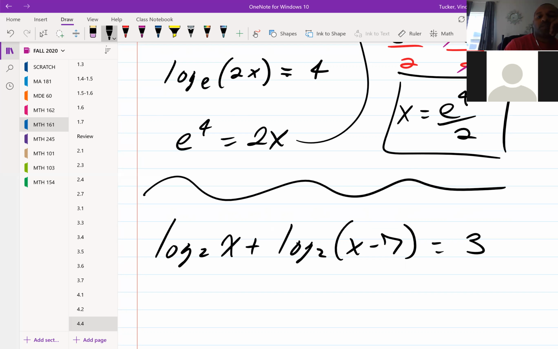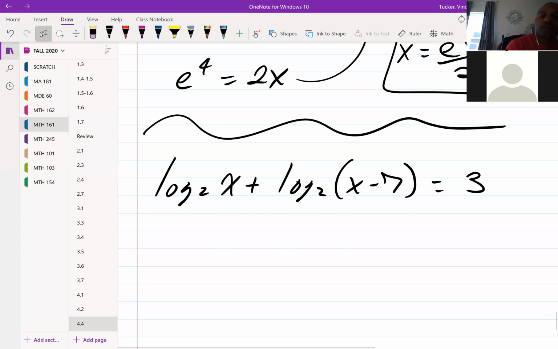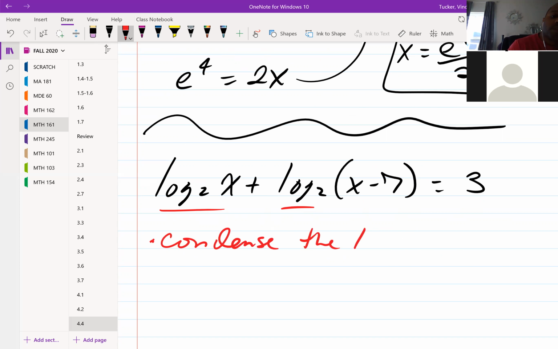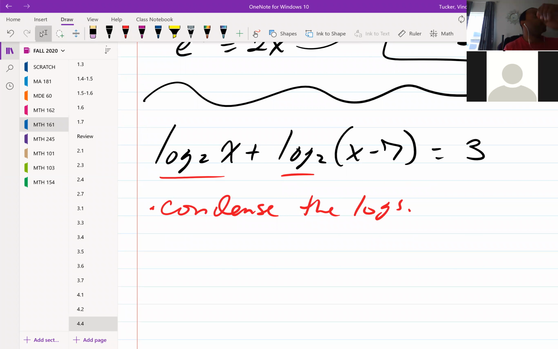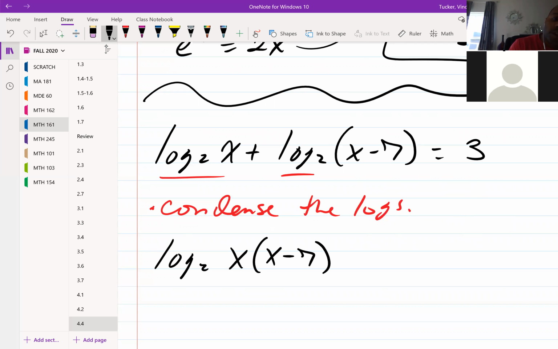Notice we have 2 logs and they both have the same base. So what we can do is condense the logs. And that goes back to remembering that whenever we're adding logs with the same base, they can be rewritten with the multiplication of what they're being applied to.